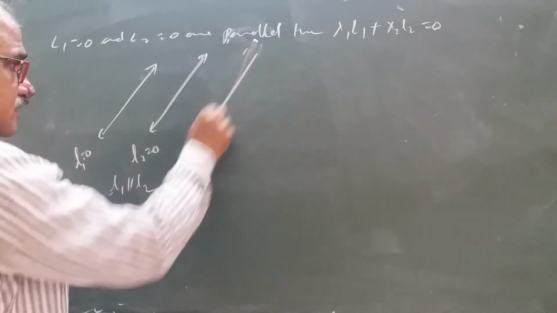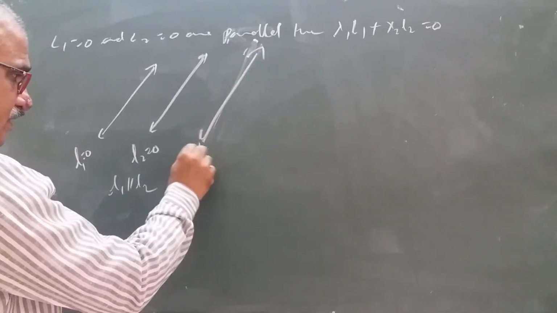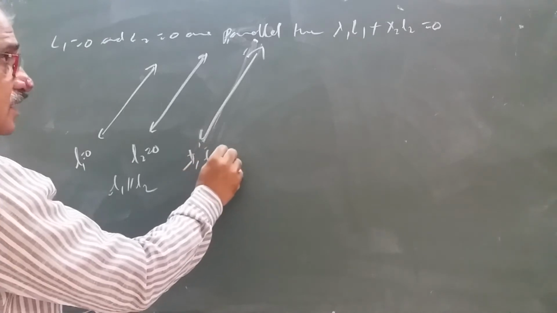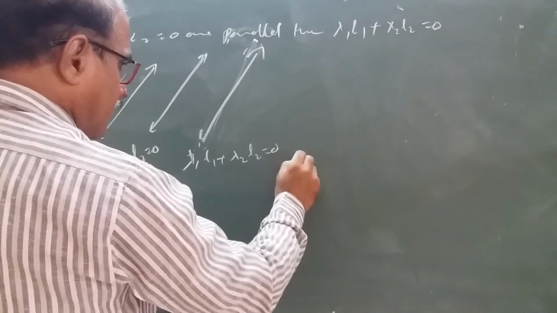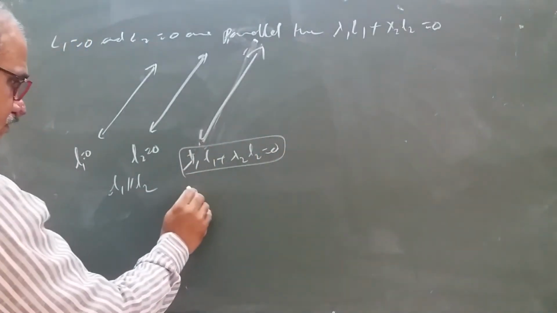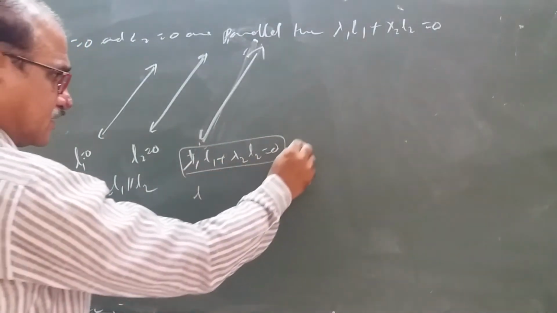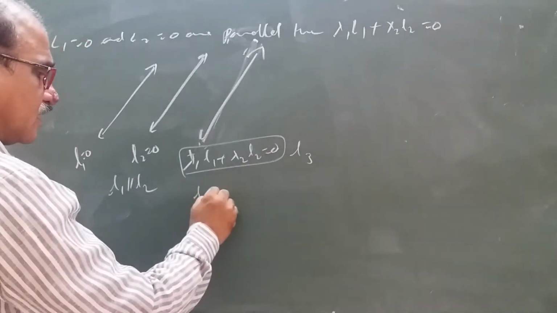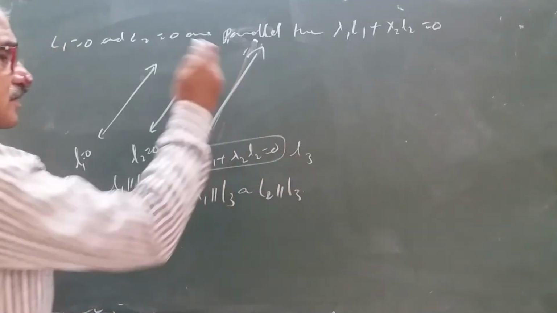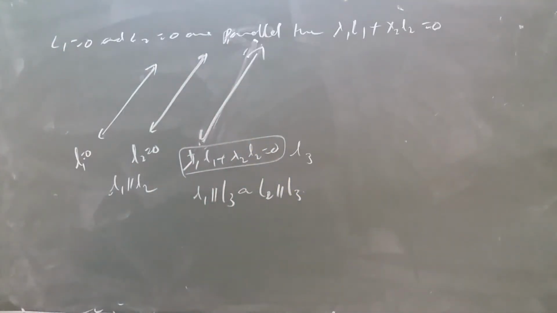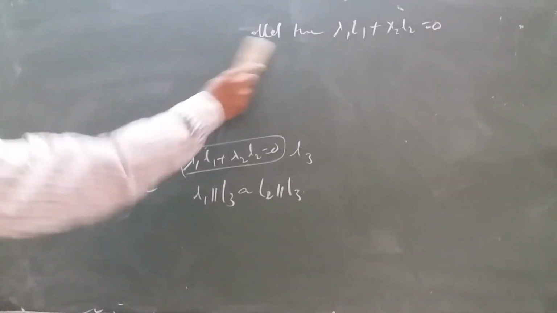That is, L1 is parallel to L3 and L2 is parallel to L3. That is the meaning of that point. There is no need to discuss anything else.